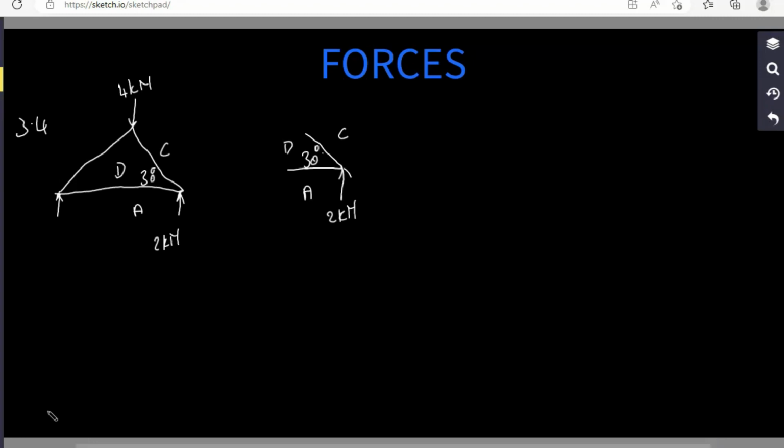So we're going to start by giving this member a direction. Start by saying the sum of the forces going up is equal to the sum of the forces going down. We say 2 kilonewtons is equal to the force going down, which will be the component of CD. The force going down is the vertical component, CD sine 30.